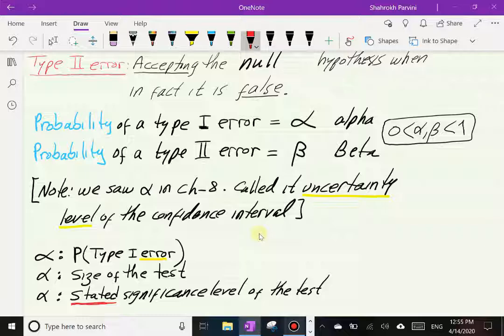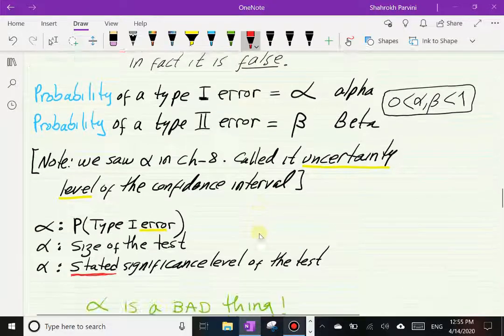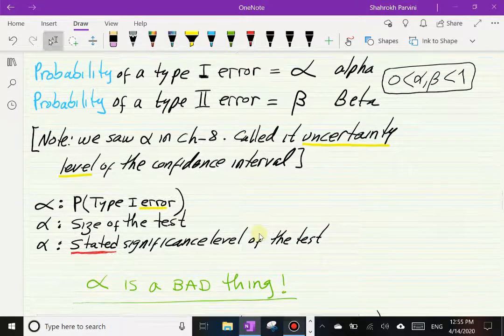Right now, it's highly conceptual, as I mentioned in the beginning of this lecture. Now, judging from the role alpha played in chapter 8, uncertainty level, in chapter 9, probability of a type 1 error, seems like both of those have negative connotations to them. So keep in mind, maybe this will help you remember the role alpha plays in our work.